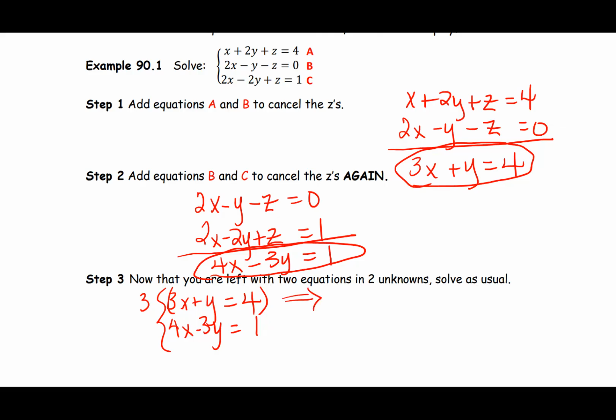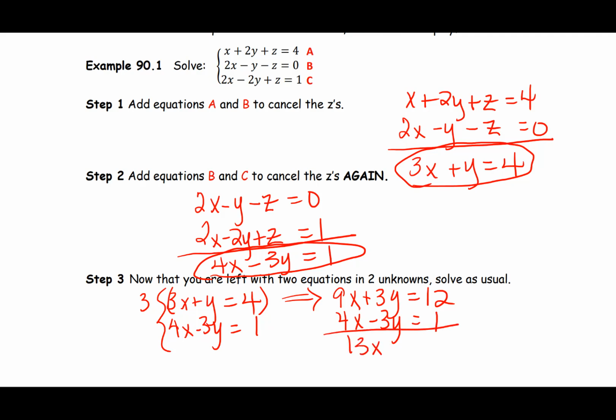So I'm going to multiply both sides of the first equation by 3, and I'll have 9x plus 3y is equal to 12. Don't forget to multiply the constant by 3. It's very easy to forget to do that. And then you've got 4x minus 3y is equal to 1.